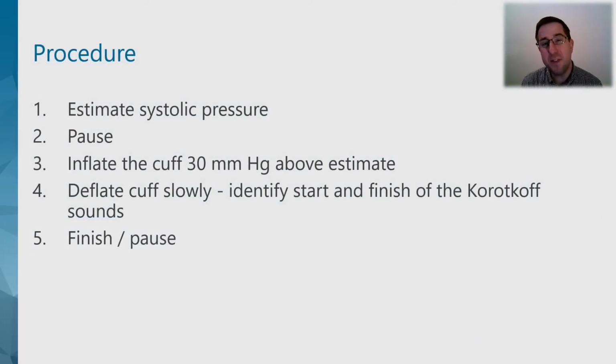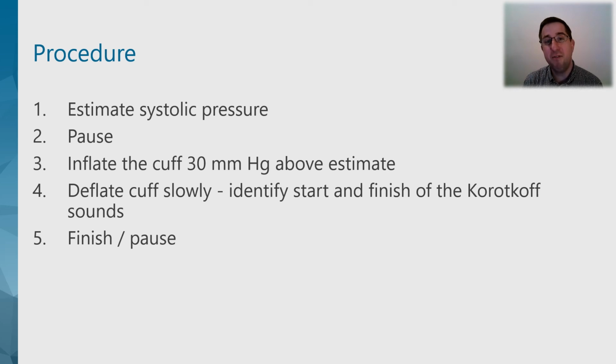So the procedure for taking blood pressure is first to estimate the systolic pressure. You do that by putting the cuff around the arm, inflating the cuff whilst palpating the artery, and then estimating when the pulse in the artery stops and what that pressure is. You then let the cuff down and pause for a moment just to let the arm recover.